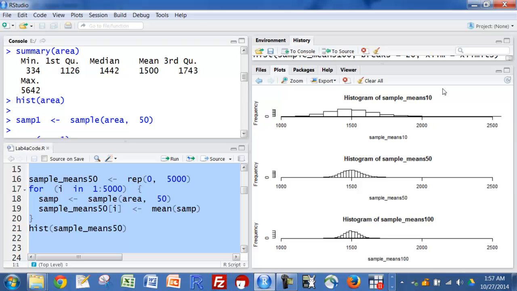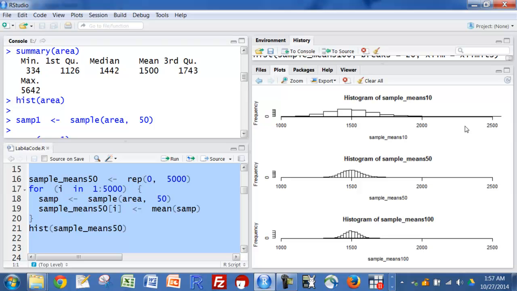And this is just the central limit theorem here: the average stays about the same. In fact, all of these have the same average as the population, but as we take larger samples, the sampling distribution of the sample mean becomes more and more bell-shaped and narrow. Remember, the standard error is sigma divided by the square root of n.